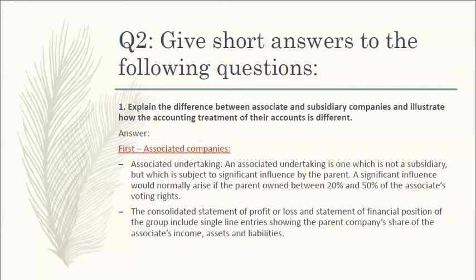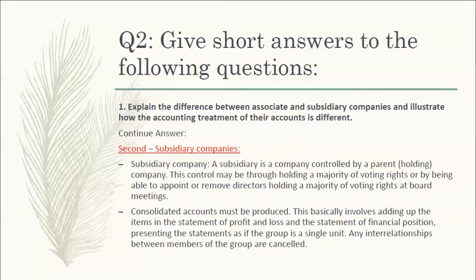Second point, we talk about subsidiary companies. First we mentioned what a subsidiary company is: a company controlled by a parent or holding company, and this control may be through holding a majority of voting rights or by being able to appoint or remove directors, holding a majority of voting rights at board meetings.